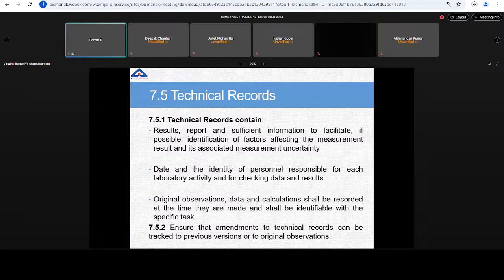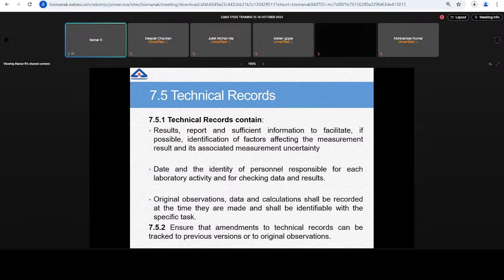During the testing process, any reagents added, any titer value, any observation, any error, all these things must be recorded. You must have some system to record your observations. Then the original observations must be maintained. Sometimes people maintain only the derived observations, not the original observations. So you have to maintain the original observations, derived observations, calculations, and final results.